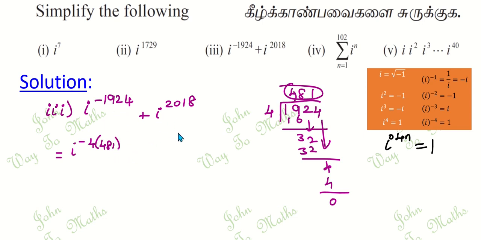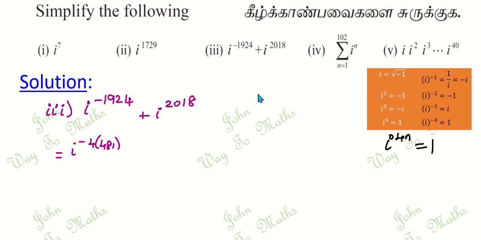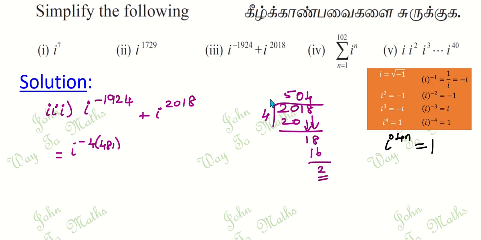Okay, now I'm going to minimize 2018. Dividing by 4, 5 4s are 20. Bring down 1, since it is smaller I'm going to add 0. Bring down 8, here 4 4s are 16, remaining 2.